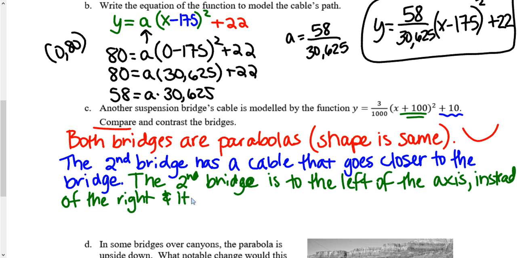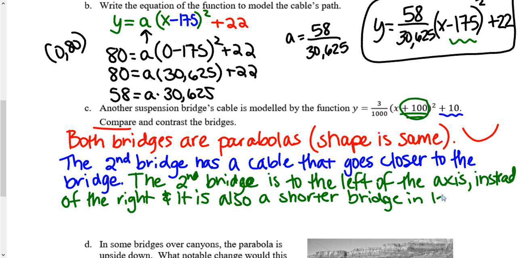And is this going to be a shorter bridge or a longer bridge? Well, if this moves 100 feet to get to the center and my other bridge went 175, that means it is also shorter in length. Okay.